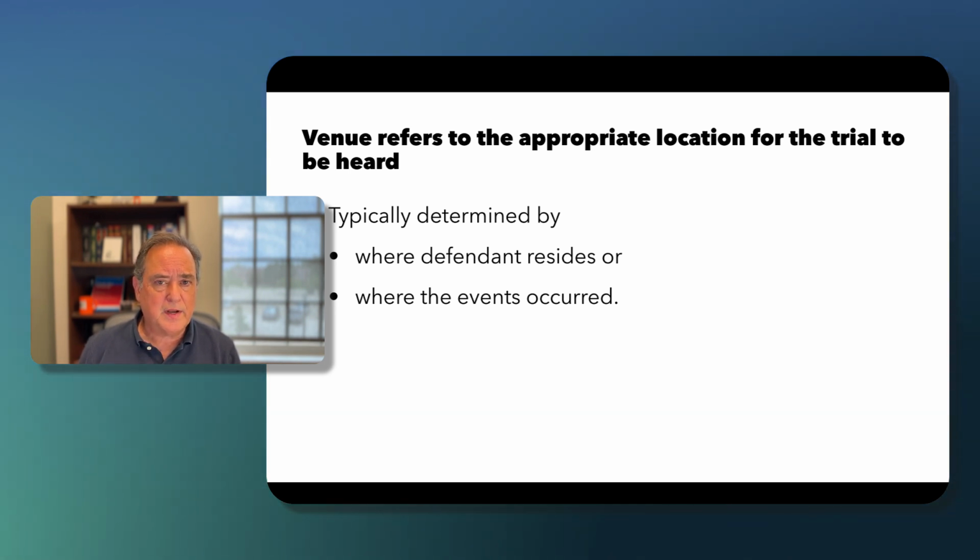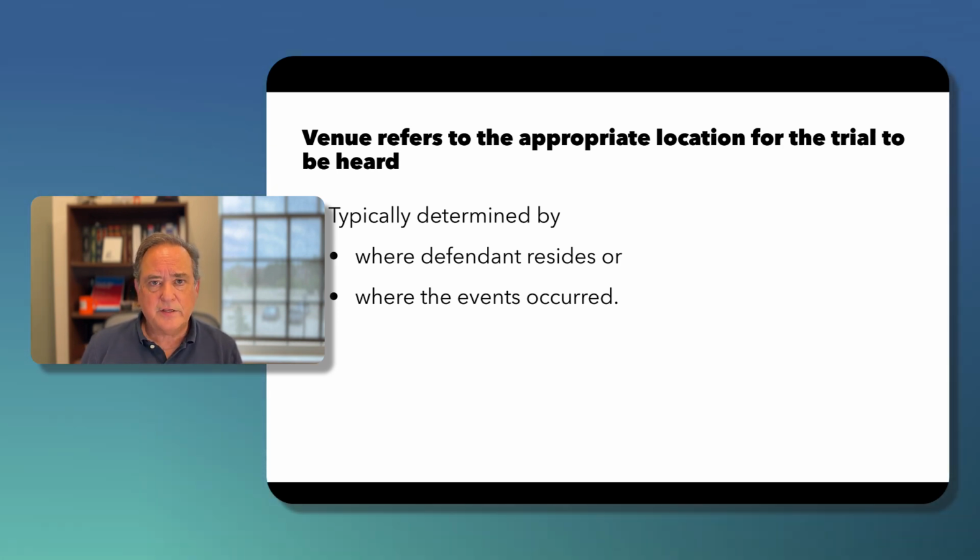So, for instance, when I practiced in Austin, Texas, Austin is in Travis County, and right to the north of that is Williamson County, and oftentimes residents of Williamson County did business in Travis County. They worked in Travis County. They had their business based in Travis County.